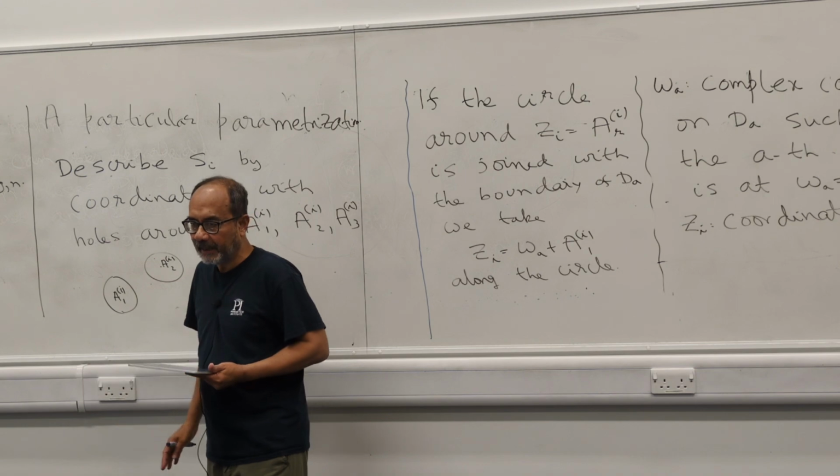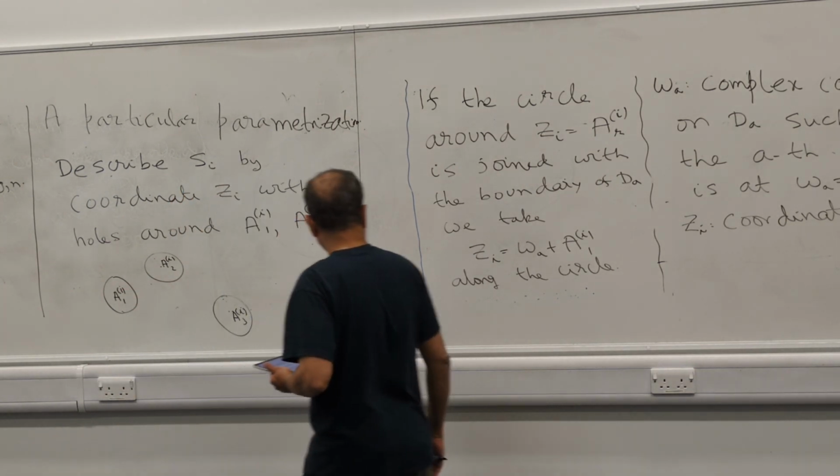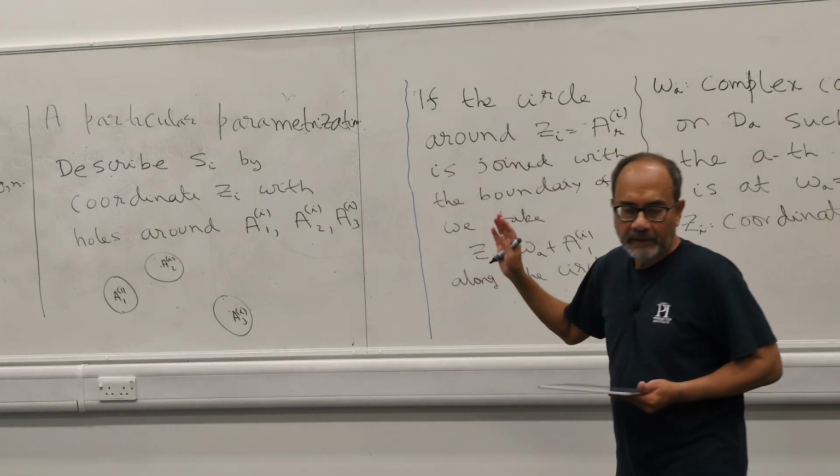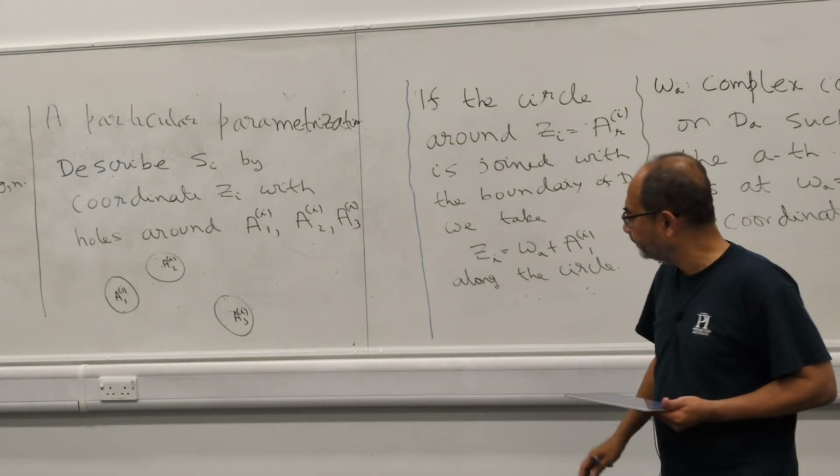This is my choice. I am declaring the transition functions to be this way. I just have to introduce somehow 6g minus 6 plus 2n parameters, which is what I'm going to do.